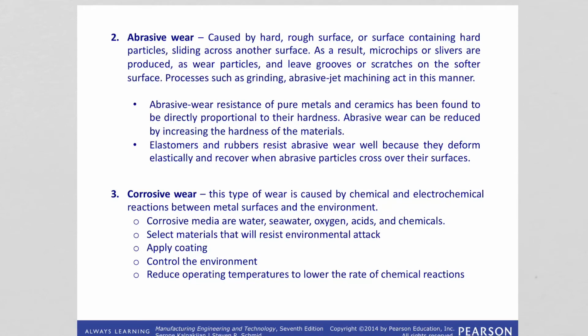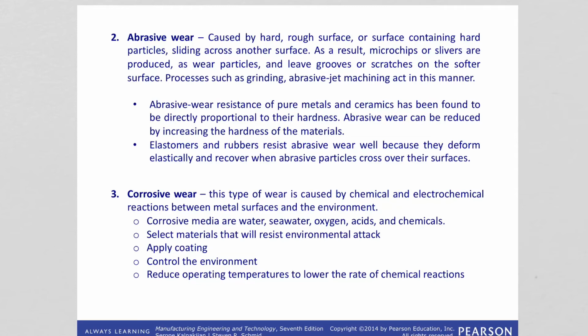Next is corrosive wear, also known as oxidation or chemical wear. This is caused by chemical and electrochemical reactions, because corrosion is an electrochemical reaction, with an anode and a cathode, between metal surfaces and the environment.